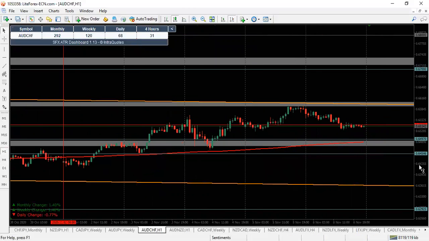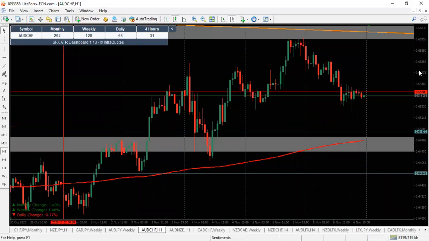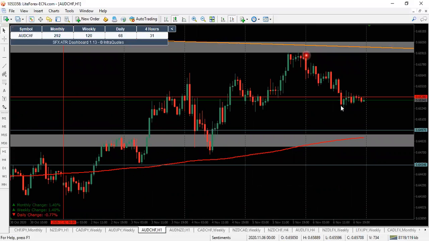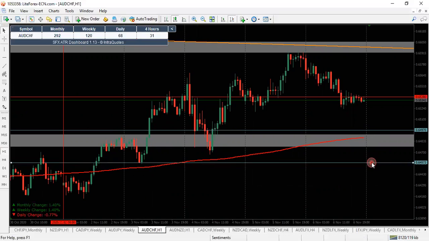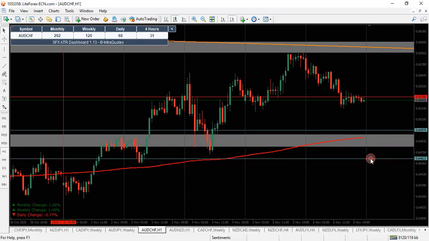Let's go down to the H1 so that you can see clearly. If you put up a short trade here, you would target 0.646. So you would then see this clearly. That would be awesome.